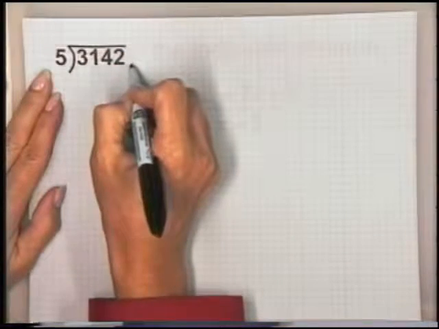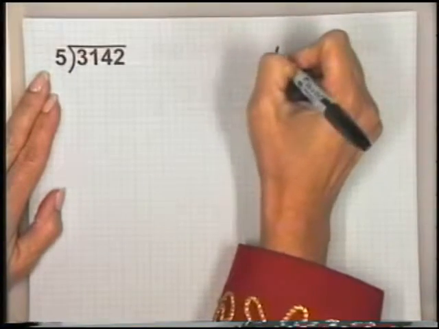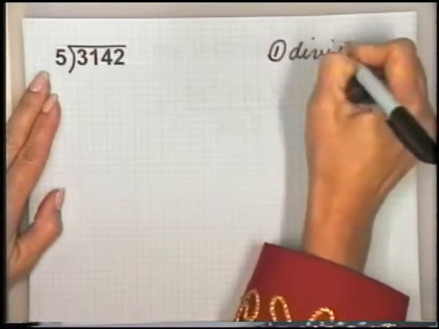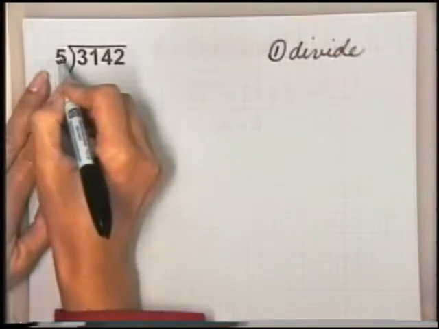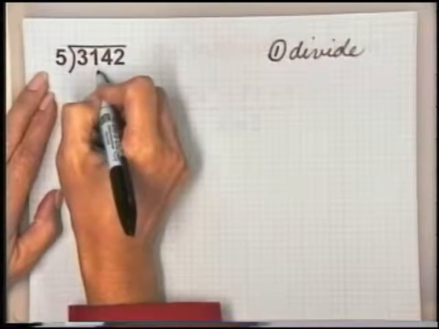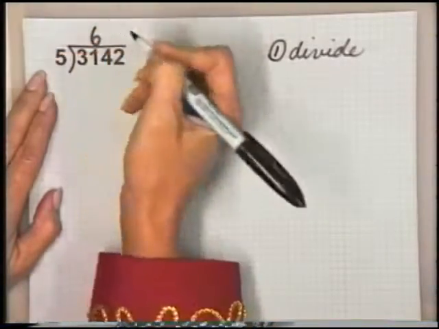I'll look at my dividend, 3,142. My first step is to divide. I say, will 5 go into 3? No. I then say, will 5 go into 31? Yes. How many times? It will go 6 times.